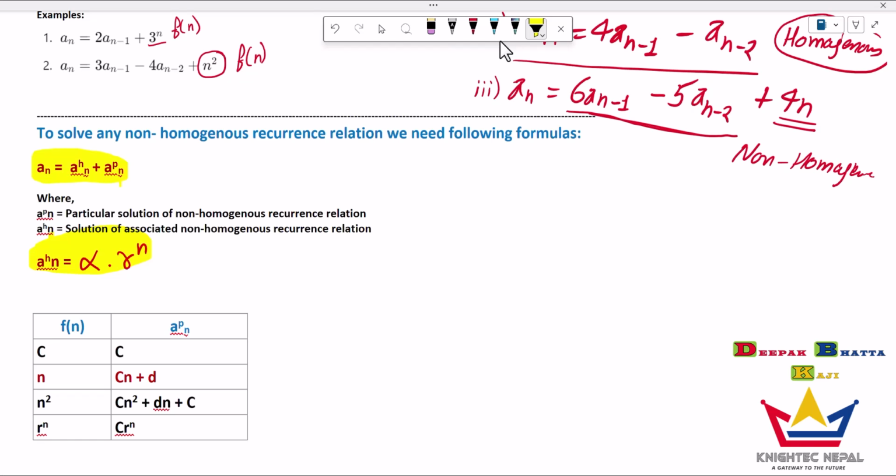Also, if there is n, then you need to write the a_n^p formula, that is cn + d. For the given question we use three formulas. First one is this formula, which you need to understand and remember. This is the second formula and this is the third formula. There are generally three formulas you need to remember for solving the given question or any non-homogeneous recurrence relation.